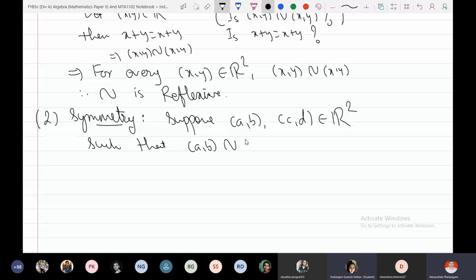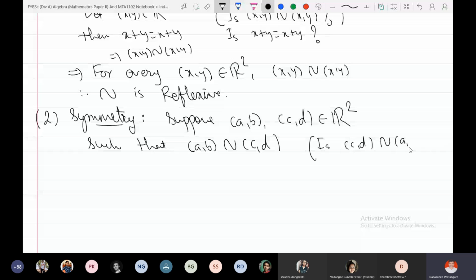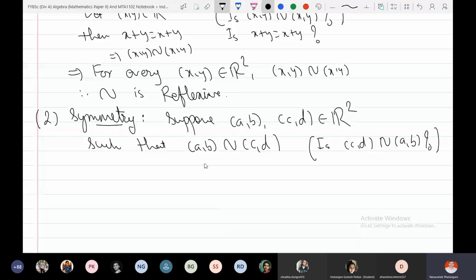Then the question I will ask myself is: is (C, D) also related to (A, B)? That is what I want to check. If this point is related to this point, then I want to check whether this point is also related to this.